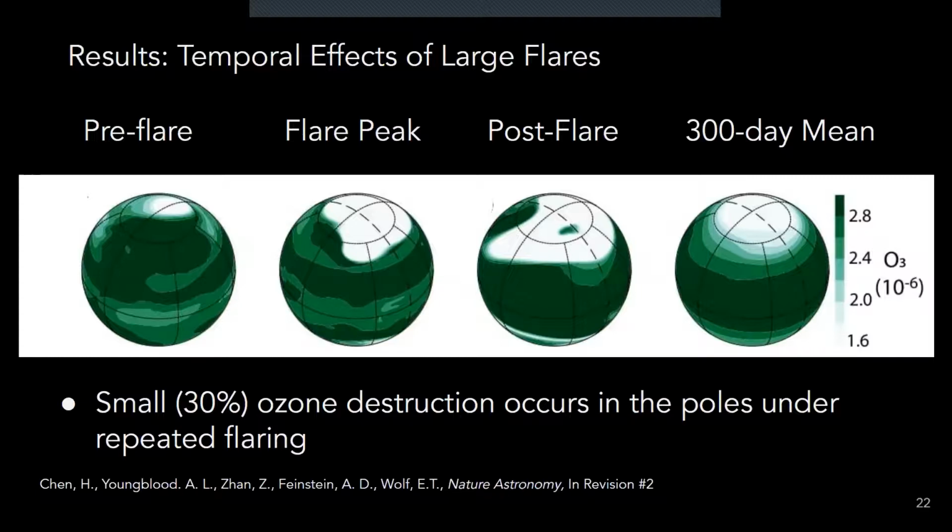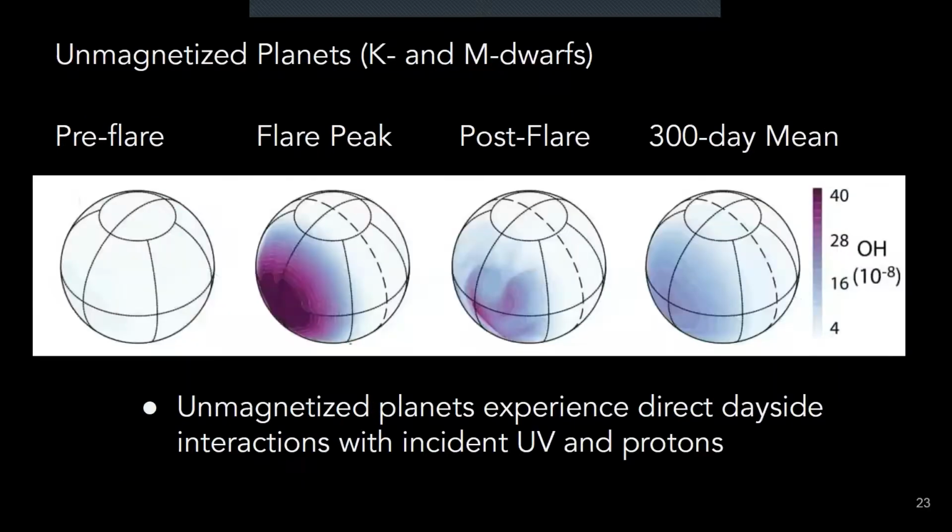So 30% isn't that large, but that's for a magnetized planet around a sun-like star. For unmagnetized planets around the K and M dwarfs, the scenario is different. Due to the stronger flaring scenario, stronger magnitude flares and more frequent flares that I alluded to earlier, the dayside also directly interacts with the incident UV irradiation and incident protons.